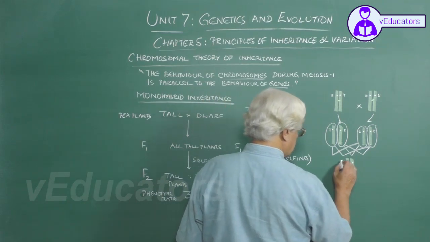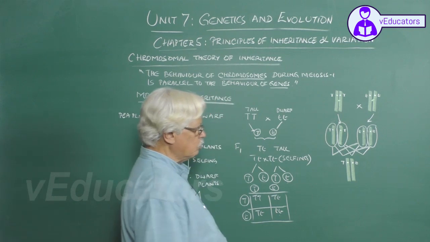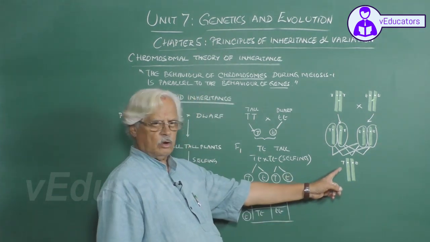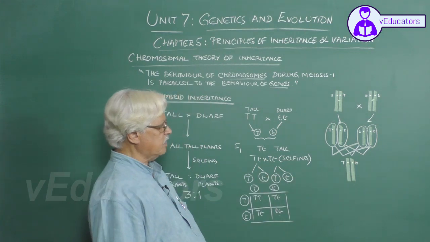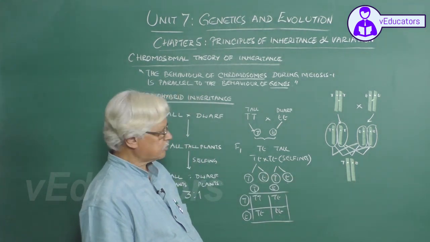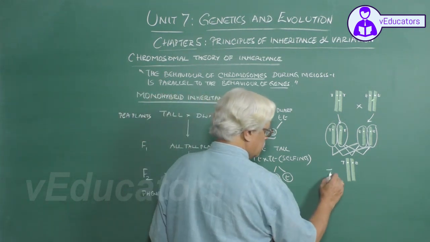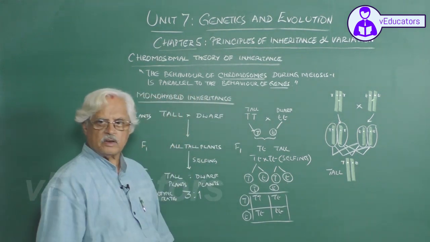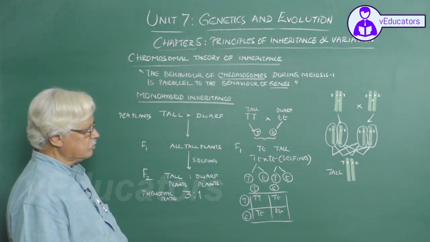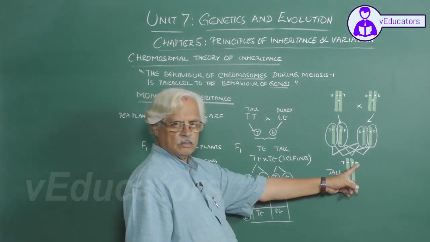You will have in the same locus one homologous chromosome carrying the dominant gene, another homologous chromosome carrying the recessive gene. This plant is going to be a tall plant because this gene is dominant over this allele.